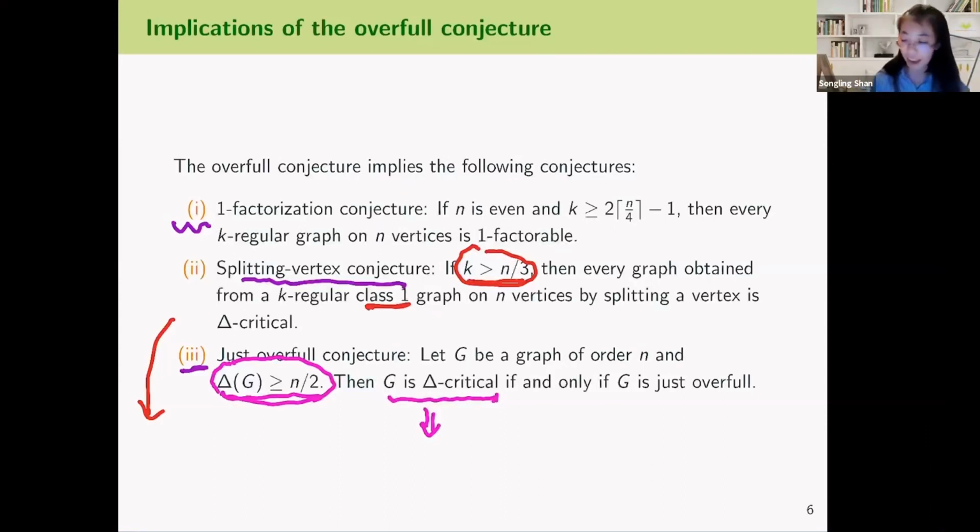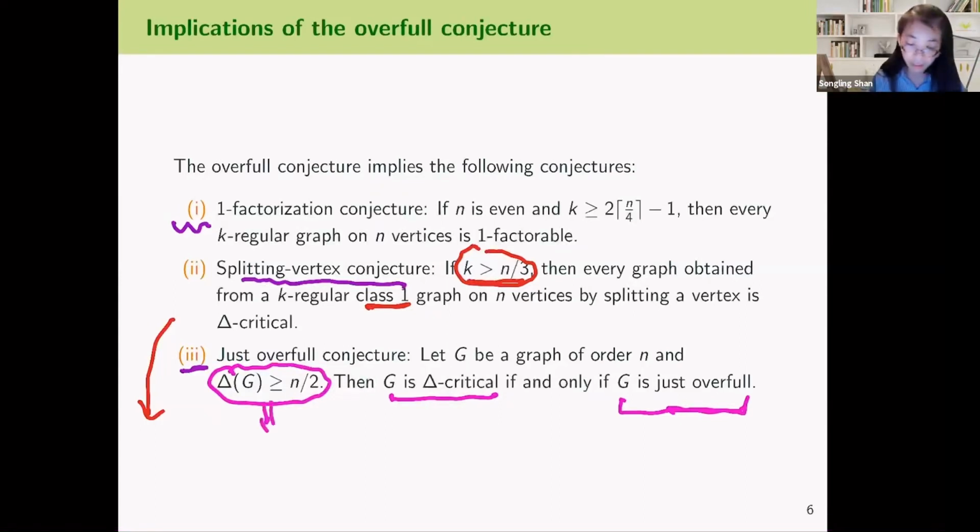And on the other hand, suppose the graph is just overfull, which implies that the graph is class 2. In order to show that it is Δ-critical, we need to show that every edge is critical, meaning that removing that edge will decrease the chromatic index. The graph is just overfull, and we have this degree condition.